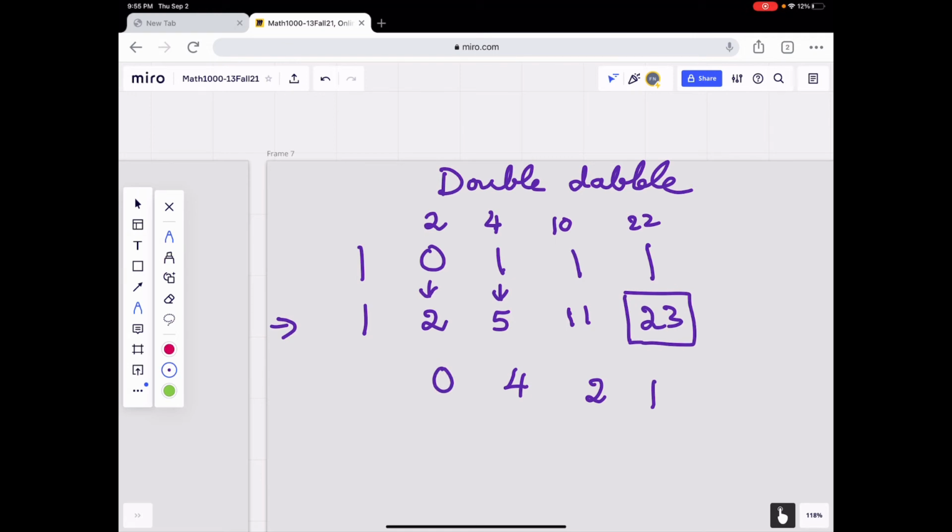And this one is 16, because 8 times 0 equals 0, so you don't have to worry about this one. All right, so 16 plus 4 equals 20, 20 plus 2 equals 22, 22 plus 1 equals 23. So it works the same thing. Whatever method you are comfortable with, you can work on that one.